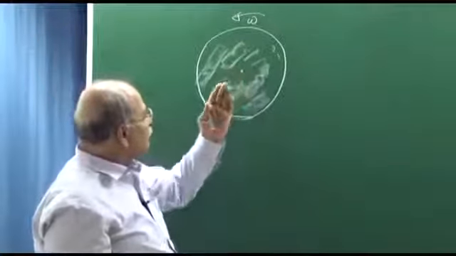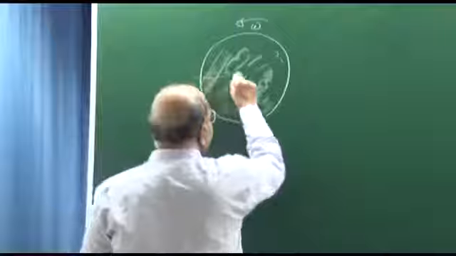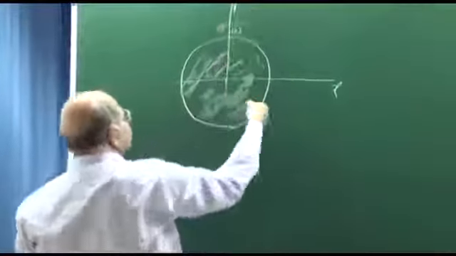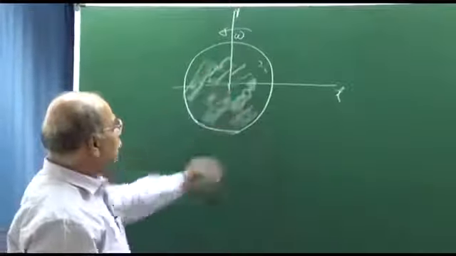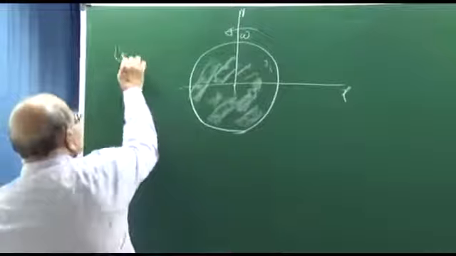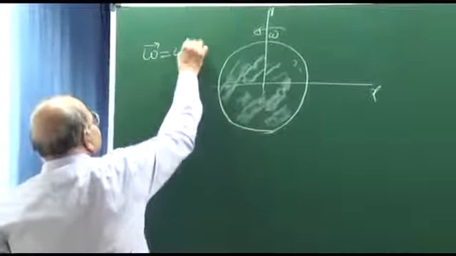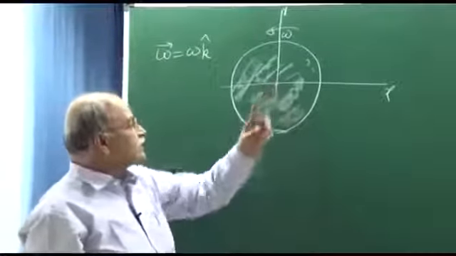So, this is the angular velocity vector. You can take this as x axis, then this as y axis, z axis is away from this plane. So, omega vector is omega in k cap direction, and this is the axis of rotation.